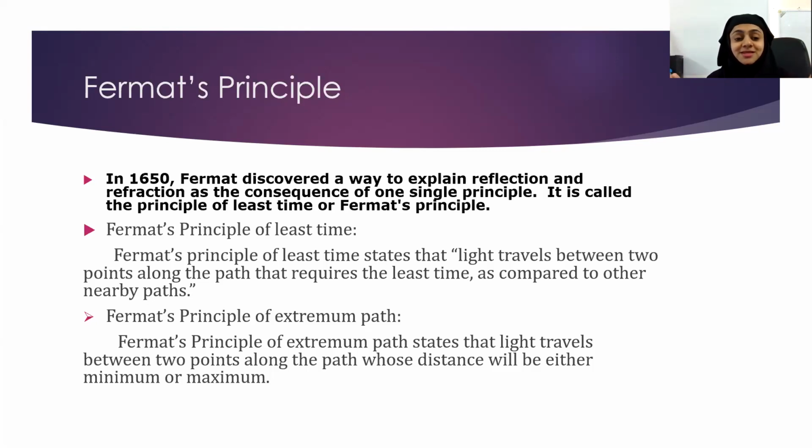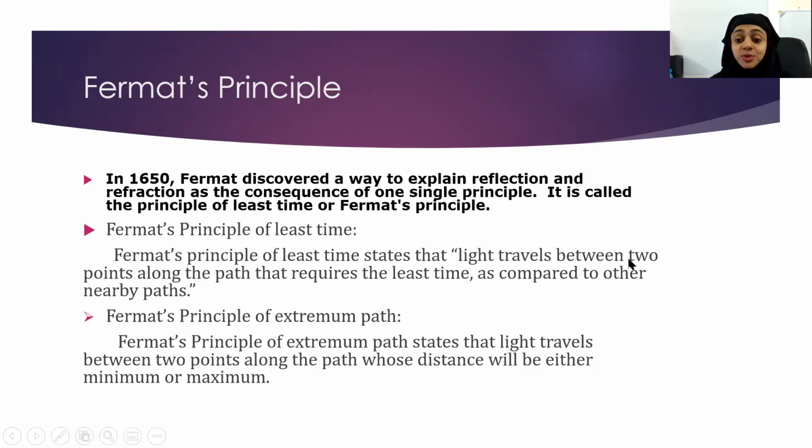See, this is explained by Fermat's principle. With one principle, Fermat can explain rectilinear propagation of light. We know that whenever there is a straight path connecting two points, that will be the path that light can travel in least time.